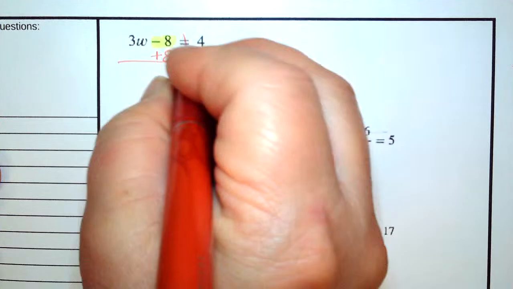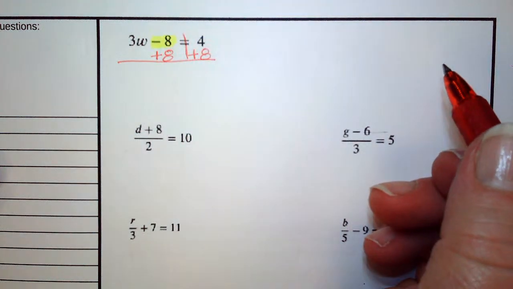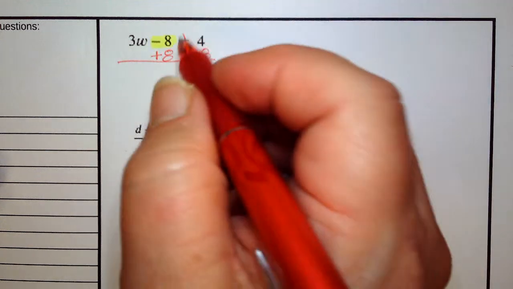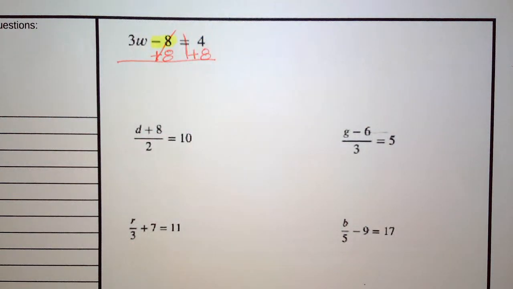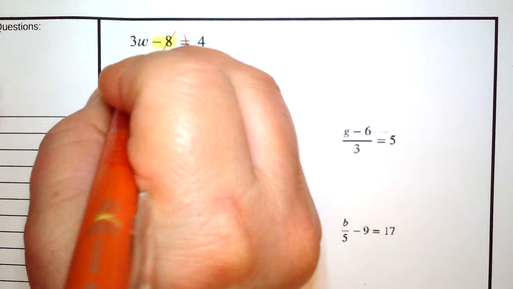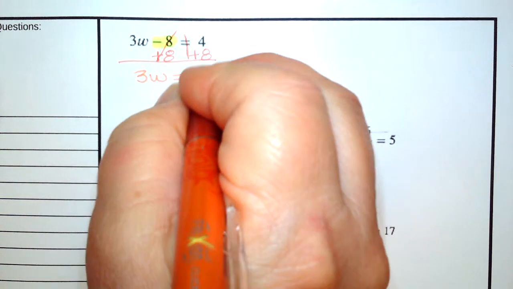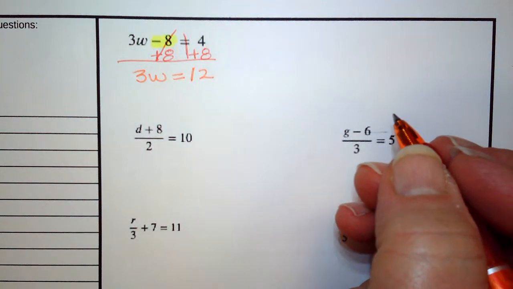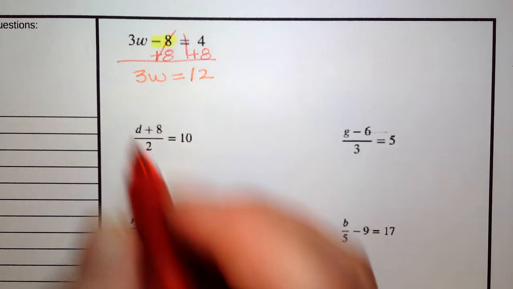Just like my children, I have to do the same thing for all my children. Negative 8 plus 8 is 0. 3w, 3 times w, is equal to 12. I have multiplied. What's the opposite of multiplication? Division.